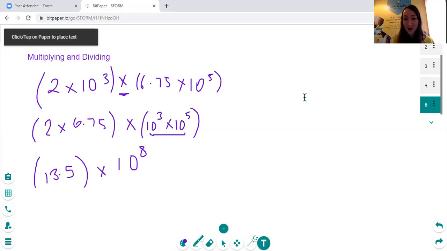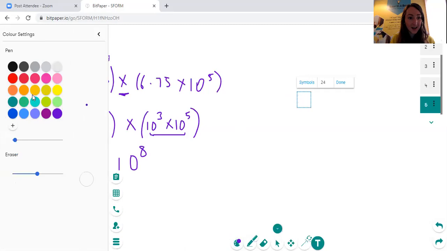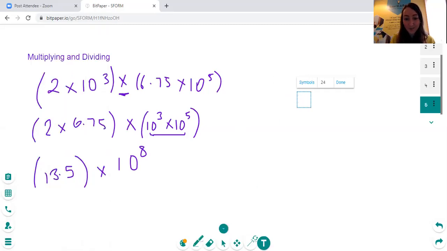Okay, so for those of you that aren't following, let me write this in a colour on the right hand side. There's a rule of indices that says a to the m times a to the n equals a to the m plus n.